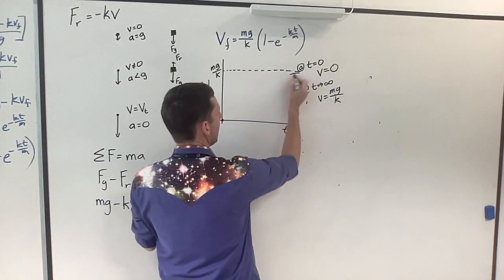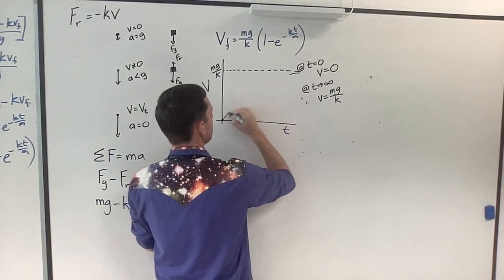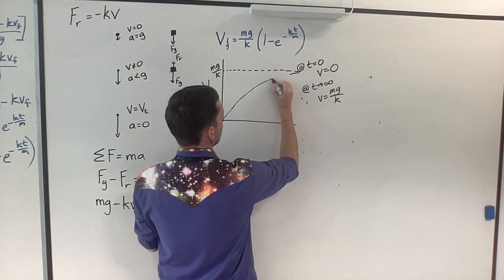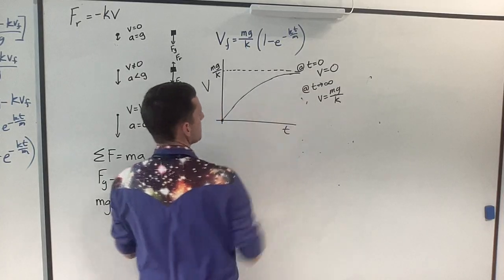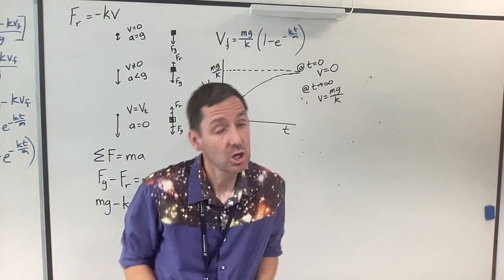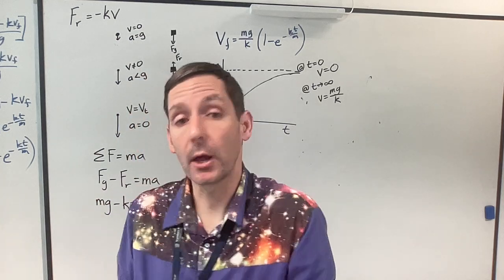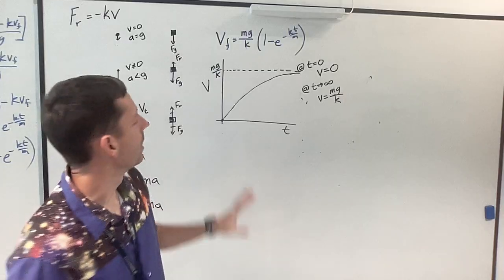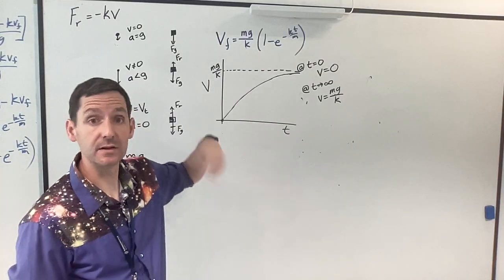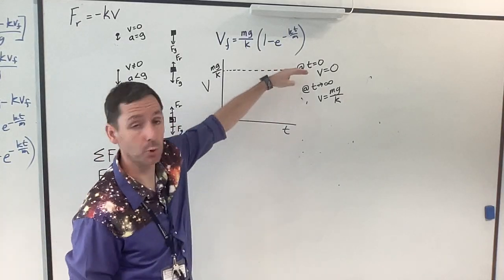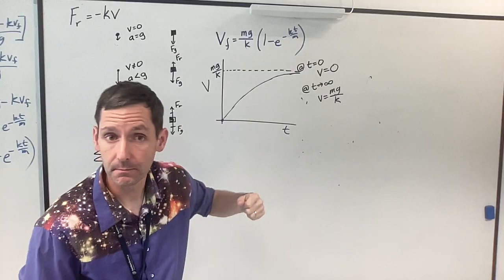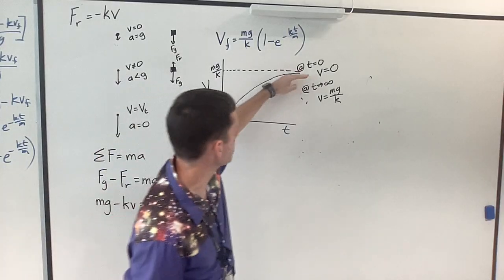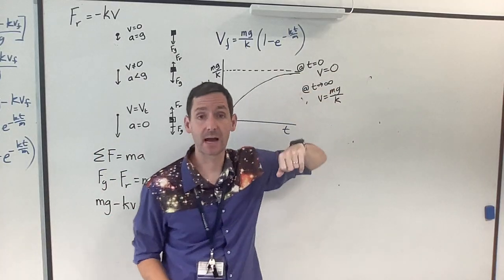So then, because it's an asymptote, because it's an exponential, I do expect it to look something like this. Okay, now if you're unsure, you can always go into your calculator, plug in a couple of points, and find out what you get in the middle. But for now, I want you to just have this idea that it's an exponential, therefore it needs to be approaching the asymptote. So something like that. Okay? And of course, as it goes on, it just gets closer and closer and closer to that asymptote.